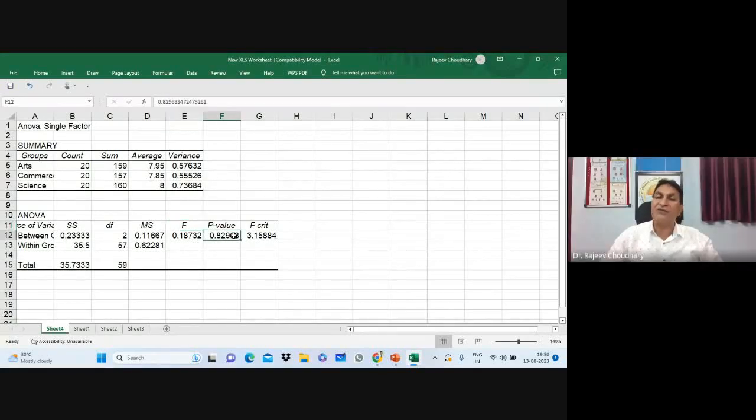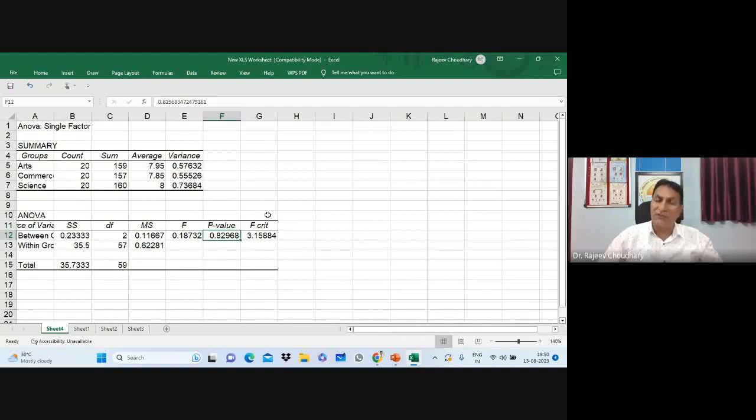P value means the significance value. We have discussed yesterday. P value means the significant value. Is it okay? Yes, sir. In this case also, if this value is less than 0.05, then we can say that yes, there is a significant difference. But this value is very high compared to 0.05. The obtained P value is 0.82968. But for significant difference, we require less than 0.05.